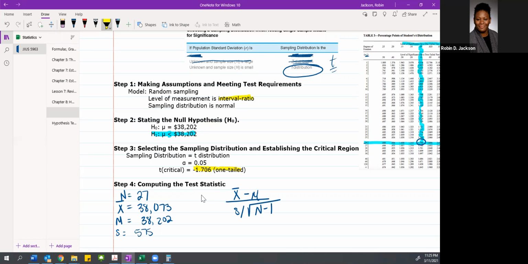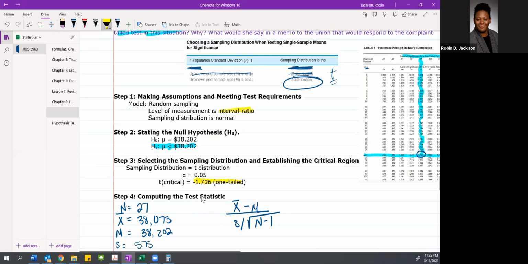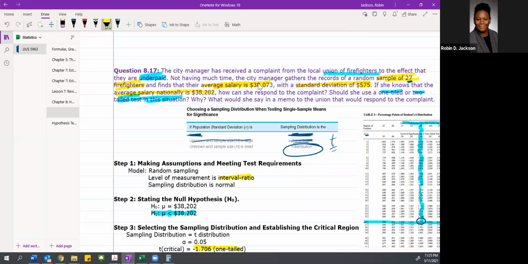And remember, the complaint is from the local union of firefighters. The complaint is that they get paid less than the national average, that they're underpaid. So we're trying to see, do these firefighters in fact get paid less?